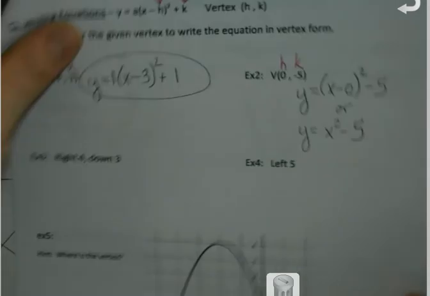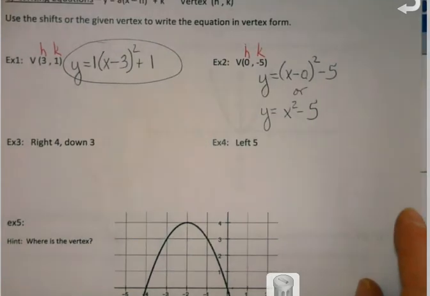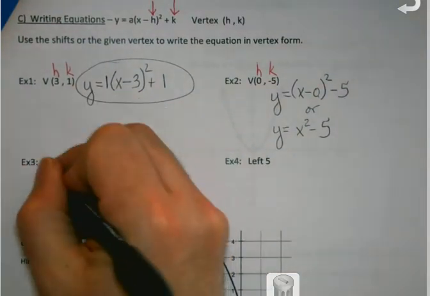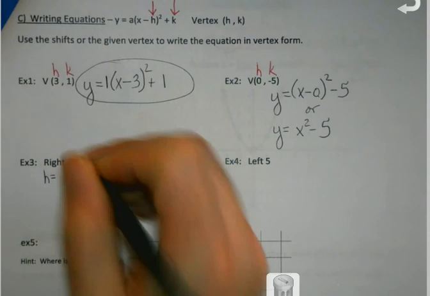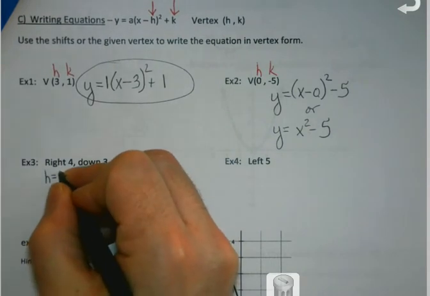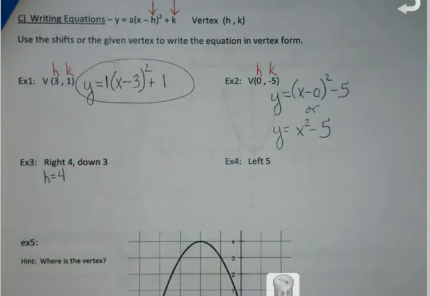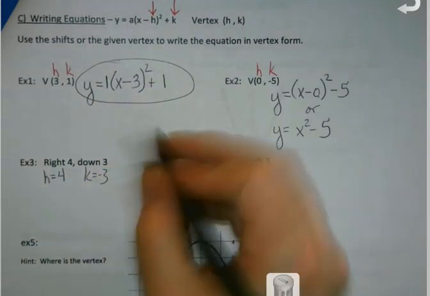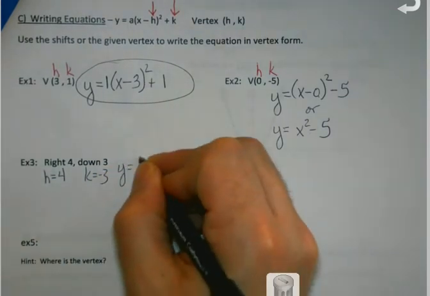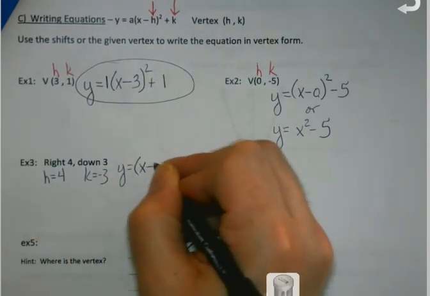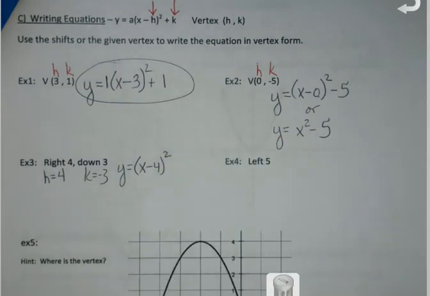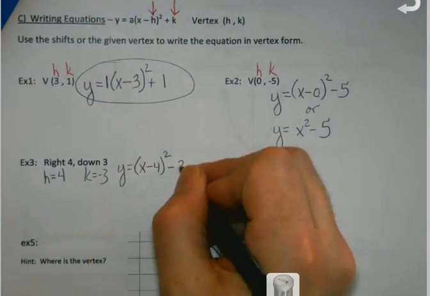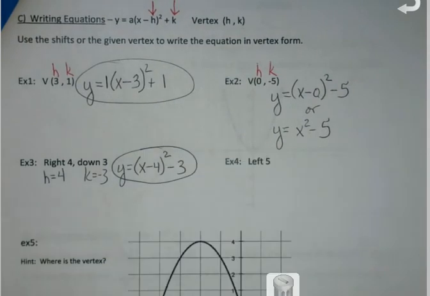So if right means minus, that means my h is 4 and my k is -3, because I remember it's minus in the x if I want to go right, and it's minus if I want to go down. And I just got to get used to seeing those a little bit.